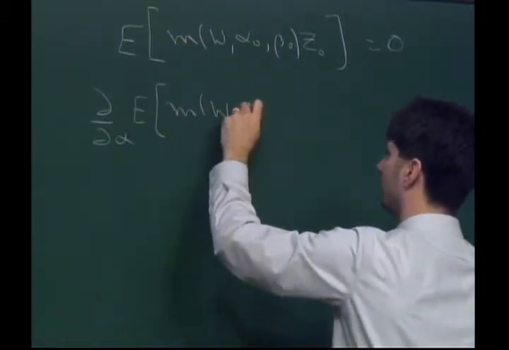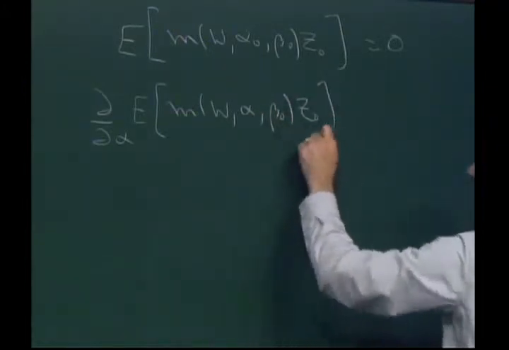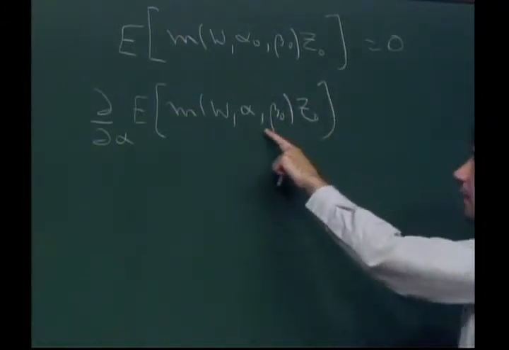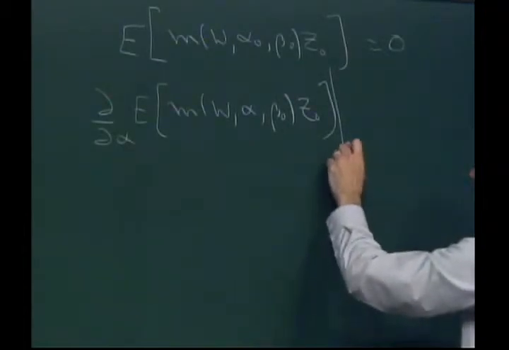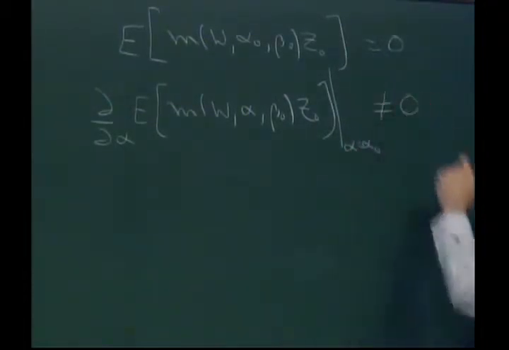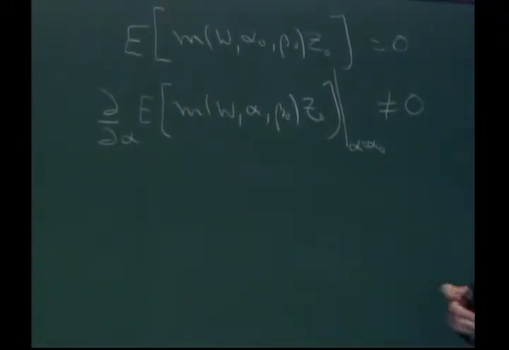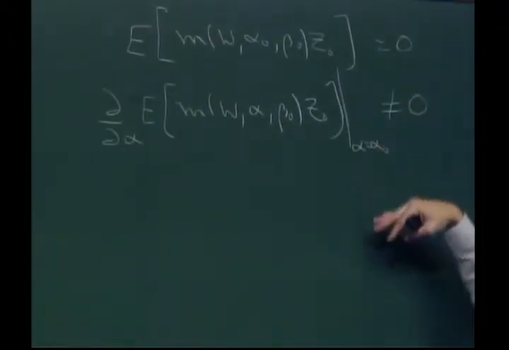of this function, so this is a function of alpha, and I evaluate at alpha equals alpha naught, that's different than 0. So basically, if I change alpha a little bit, I can see a difference in this equation, so I can still identify it.